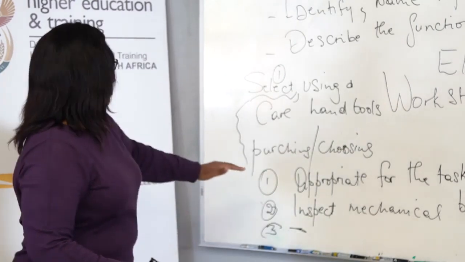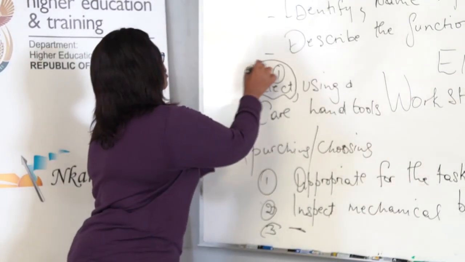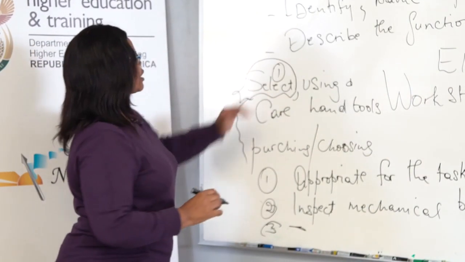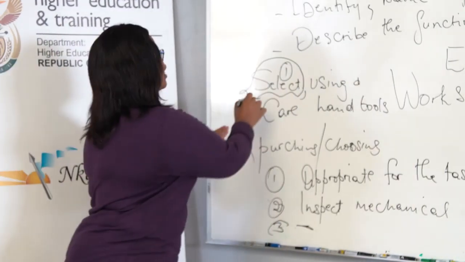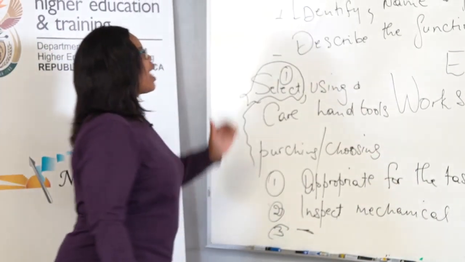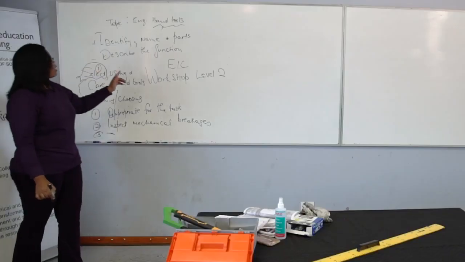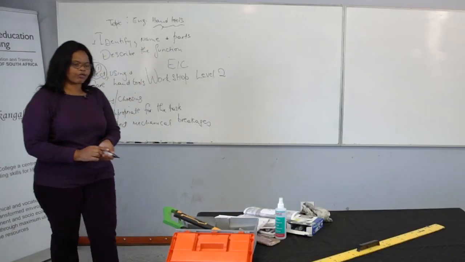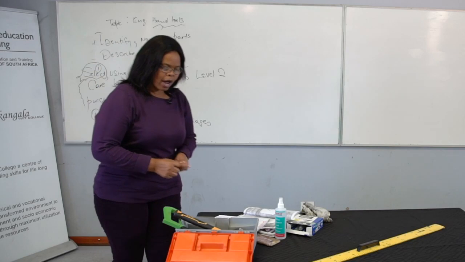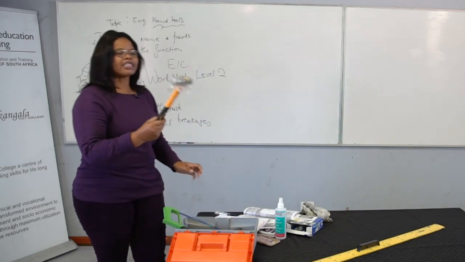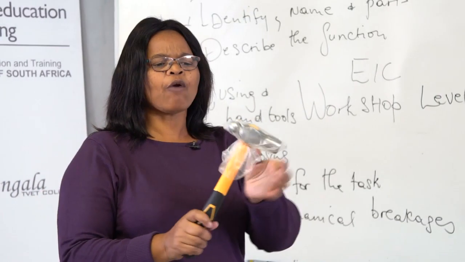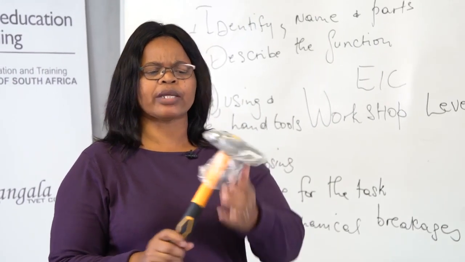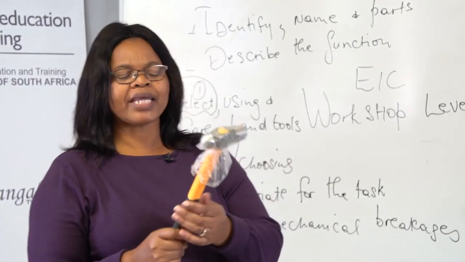Now, under this selection, there are outcomes that you must follow, like the ones that I've mentioned here. Identify, name, and also the parts of the tools. Now, I'm identifying now. This is my hammer. What type of hammer is this one? It is a ball pin hammer.